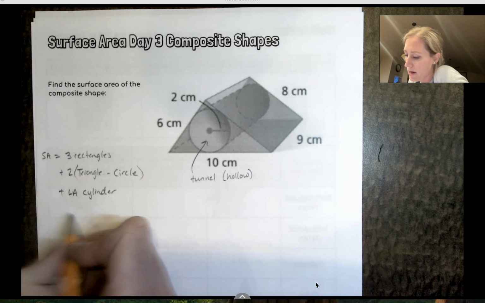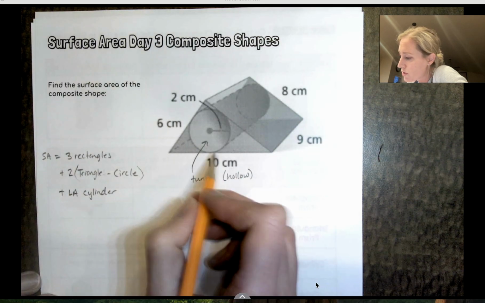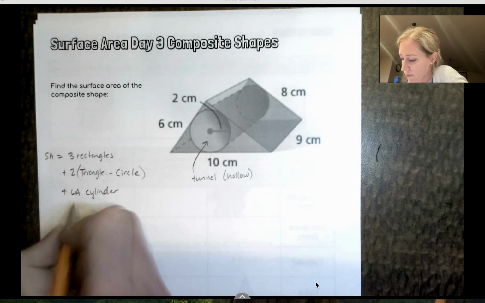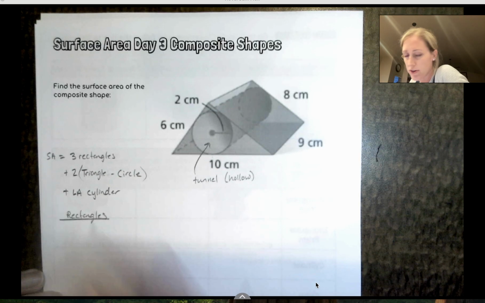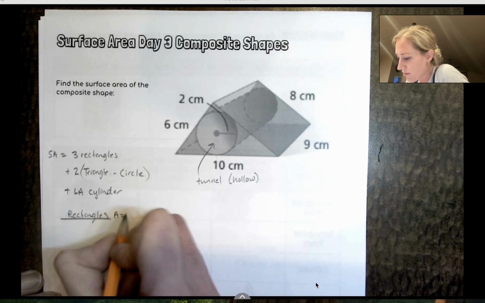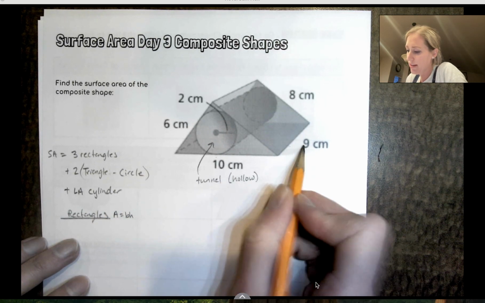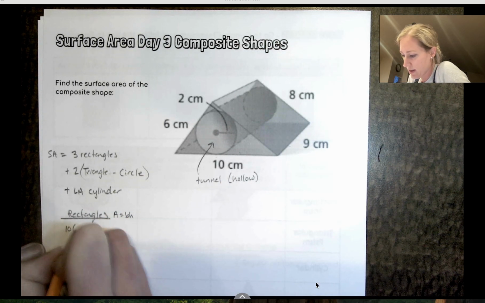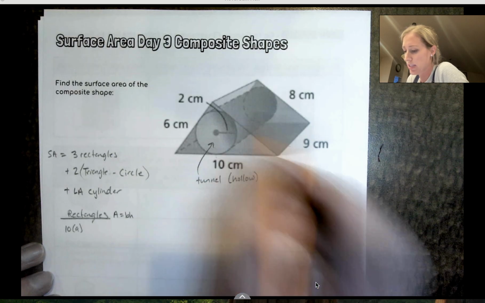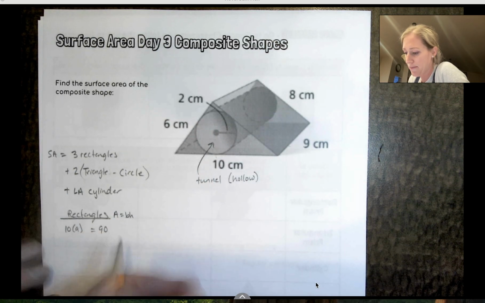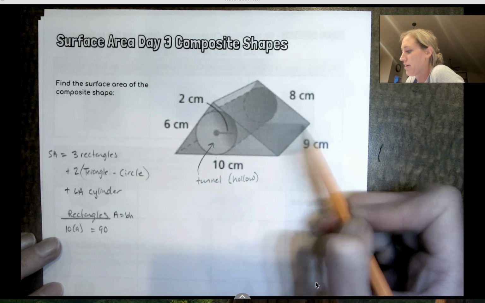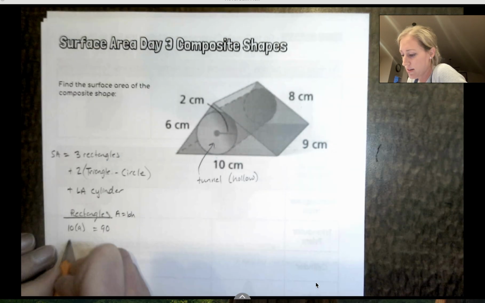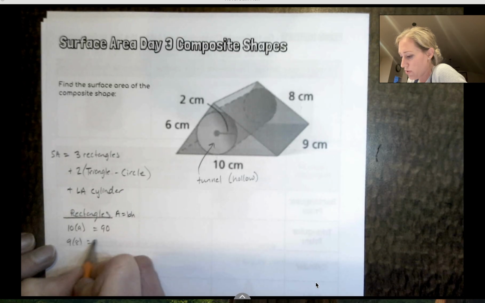I'm going to do the bottom rectangle, which is 10 by 9. I'm going to separate these rectangles. Area is base times height. So we've got 10 times 9, and there's only one of those, just the one on the bottom, so we get 90. The sides: if I look at this side, it's 9 times 8, which is 72.